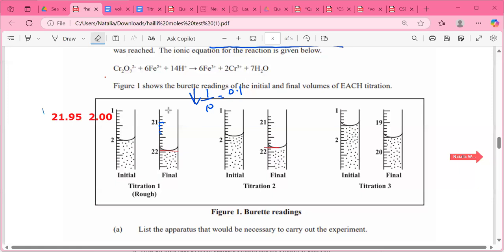So what's the reading here? 21.85 initial. So I get 1.85. Yes, ma'am. Remember, that's why you look at the direction it's increasing from.